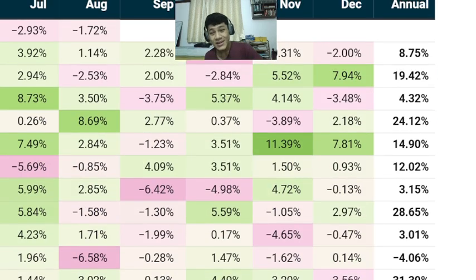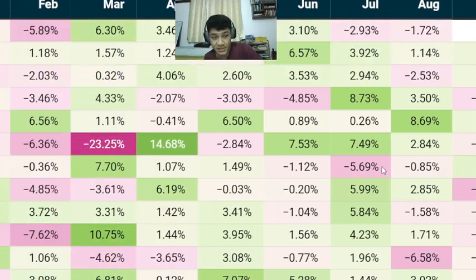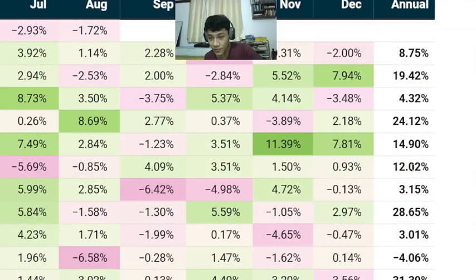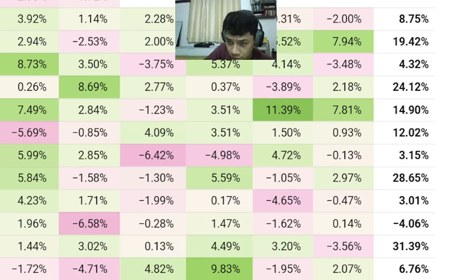All right. So Nifty 50. In 2024, we had returns of 8.75%. 2023, 19%. 2022, 4.32%. 2021, 24%. 2020, 14.9%. 2019, returns of 12.2%. So we haven't had a down year.